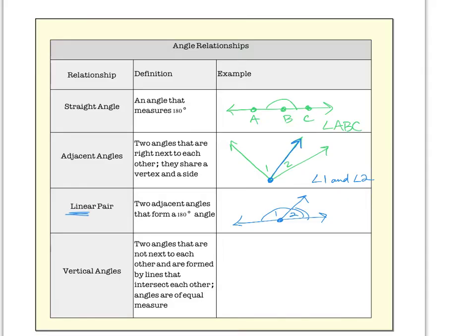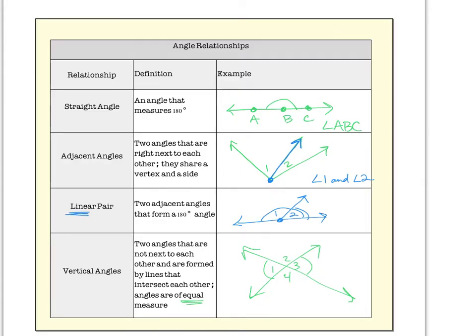And next we have vertical angles. Vertical angles are 2 angles that are not right next to each other, and they're formed by lines that intersect. So for instance, if I number these off, 1, 2, 3, and 4, 1 and 3 are a pair of vertical angles, and their measures are equal.